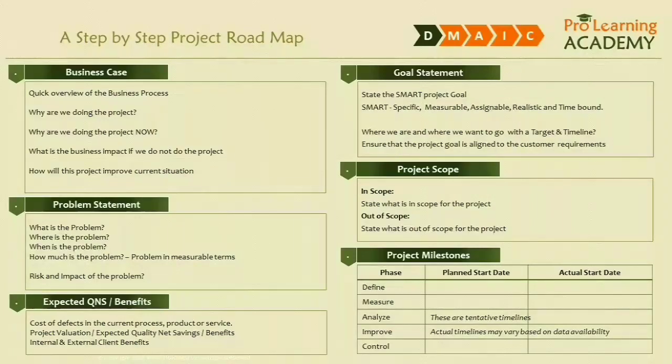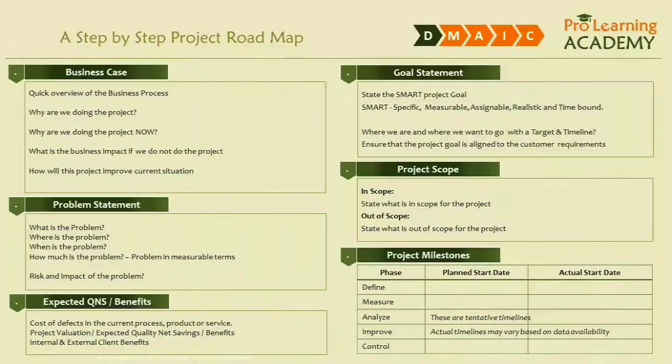Your expected benefit, your expected quality net savings are important. Your cost of defects in the current process or the product or the service, whatever the case may be, you should be able to understand what the cost of defect is.